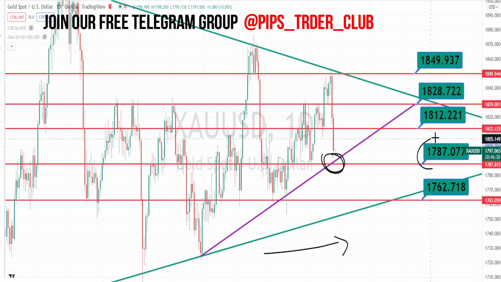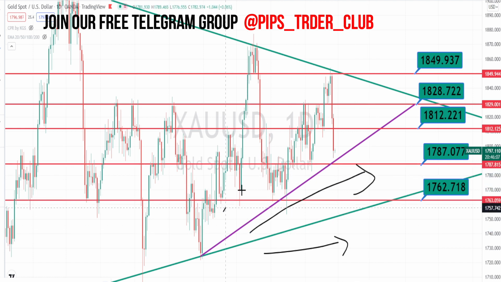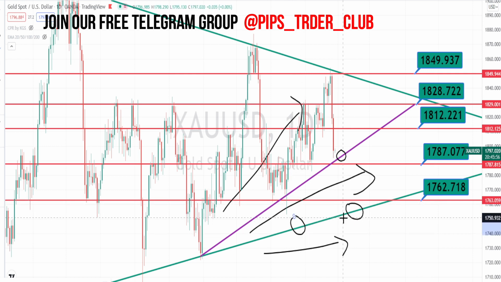So if the price action crosses this support level of 1787, we can expect it to trend down to 1762. But overall, when we notice the price action within the symmetric triangle pattern, the current price action is in a very nice bullish trend. It has to break this support line, the symmetric triangle pattern support level, to actually start its bearish trend reversal.